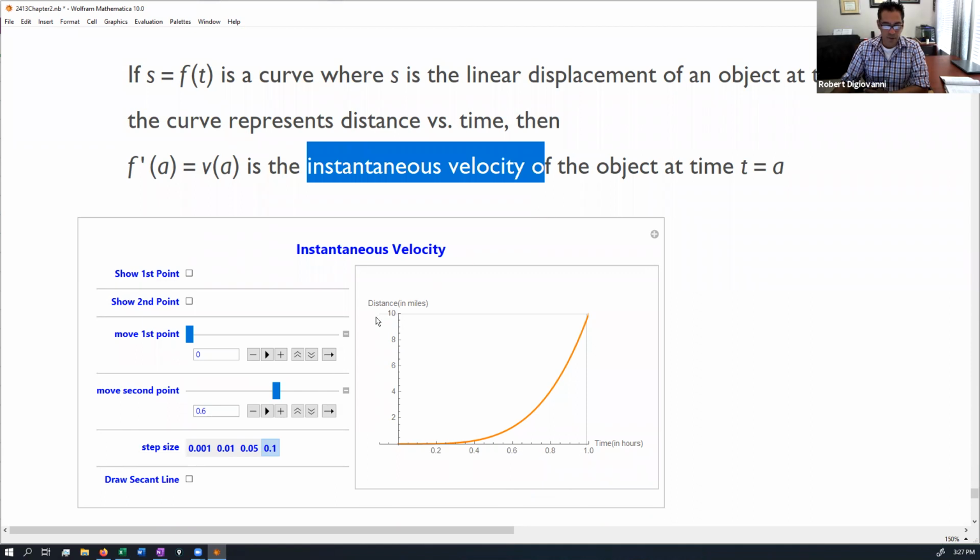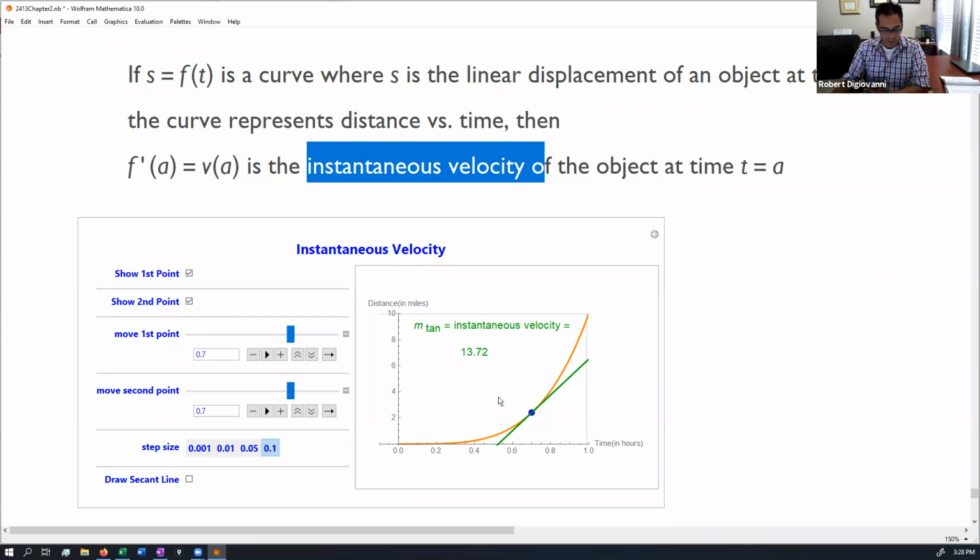So if this is distance and this is time, and you pick a point somewhere on here, then the slope of the tangent line at that point will give you your instantaneous velocity at that point.